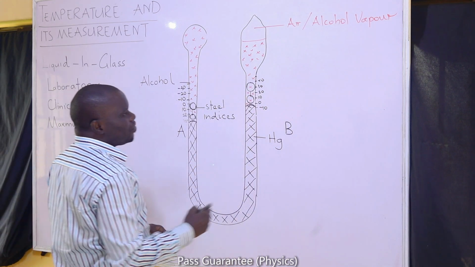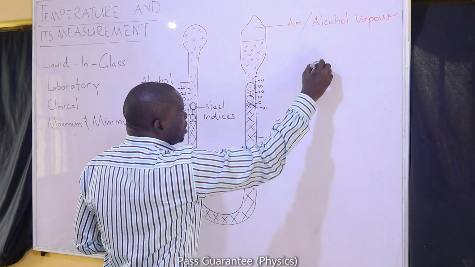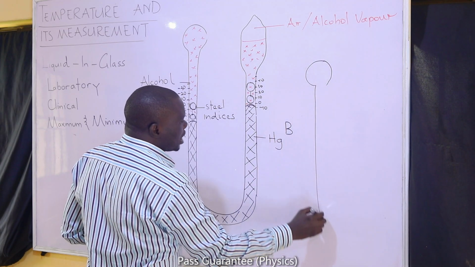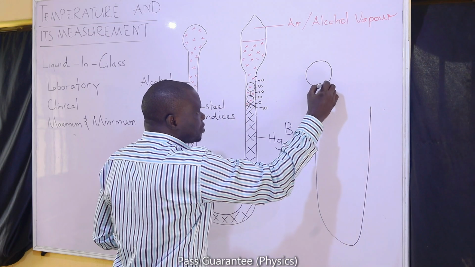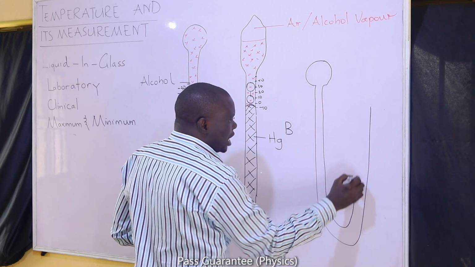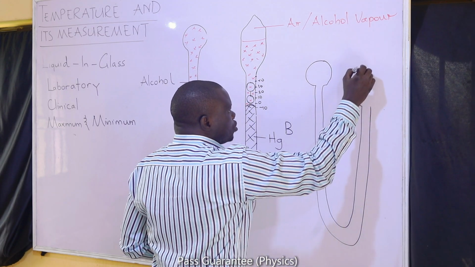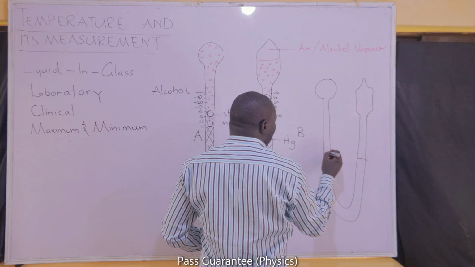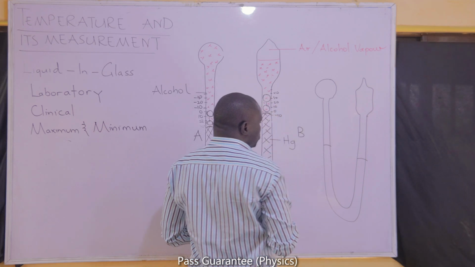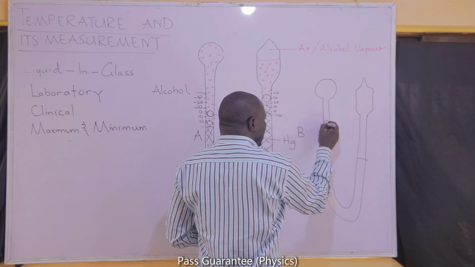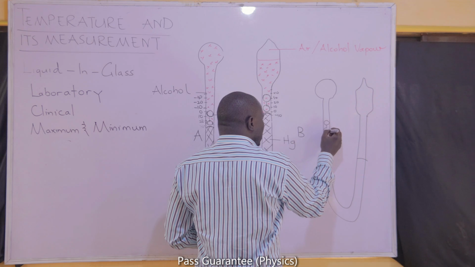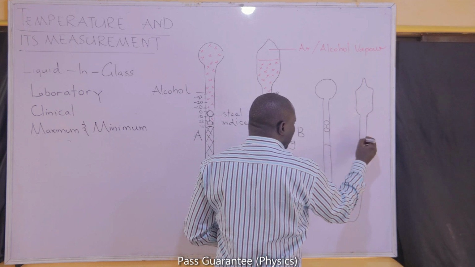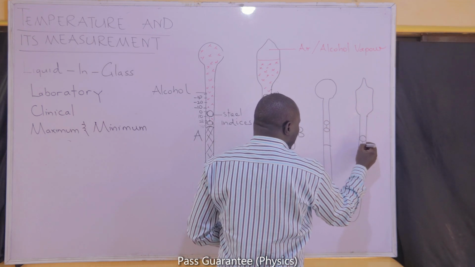So at the end of the whole process, when you come back to meet your maximum and minimum thermometer, you are not necessarily going to use the level of mercury or alcohol at any point. It is possible that you now get to meet the steel index at this point on this arm and at this point on this arm.